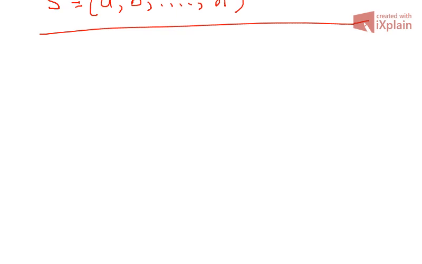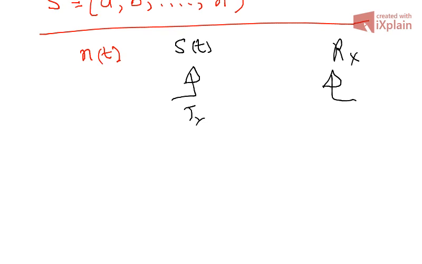If I represent my noise by n of t, the noise signal, let me recall the concept: whenever you transmit some signal s of t from your transmitter to a distant receiver, in the absence of noise and other channel effects you would receive s of t, because this is what you transmit.